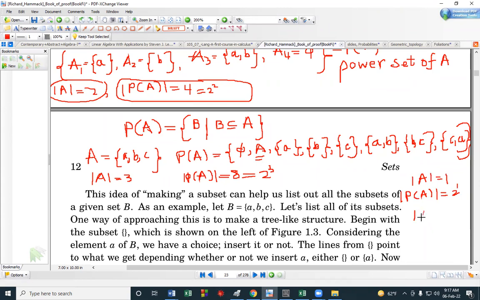When the cardinality of A was 2, we got the cardinality of the power set of A as 2 to the 2.